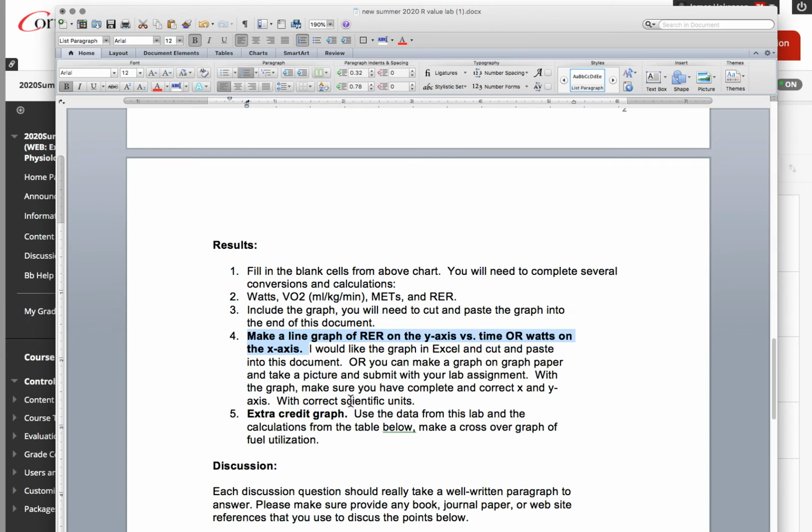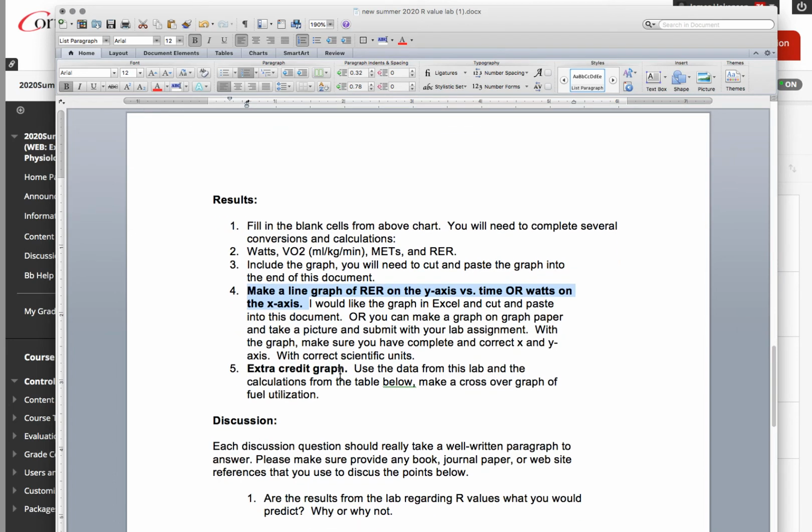Great. If you want to make an extra credit graph, I would love to see the crossover graph of fuel utilization using the data from this lab. So that will be using the percent energy from fat and the percent energy from carbohydrate.